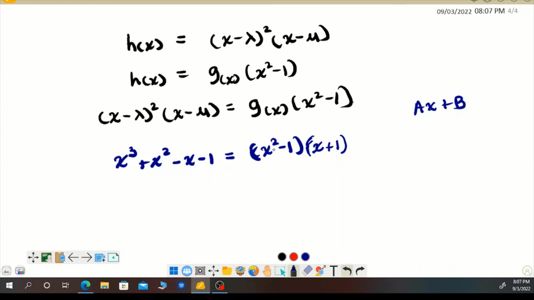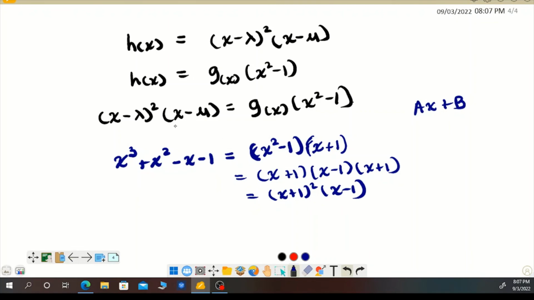So I can write this hx as this. Then I can factorize x squared minus 1 as x plus 1 into x minus 1, into x plus 1. Which gives me x plus 1 squared into x minus 1. So we have to show that we can write hx in this given form.